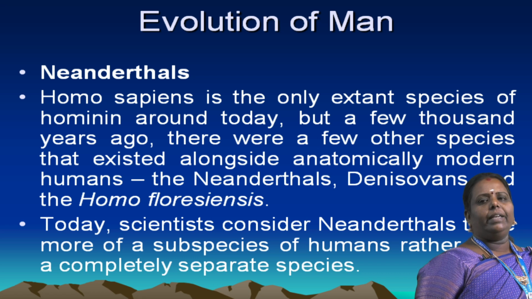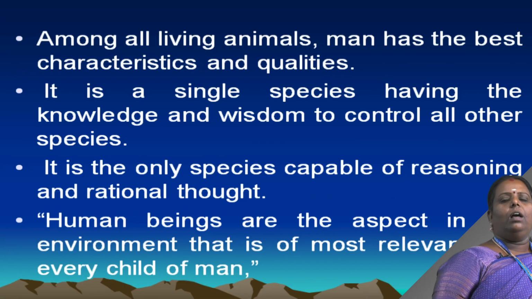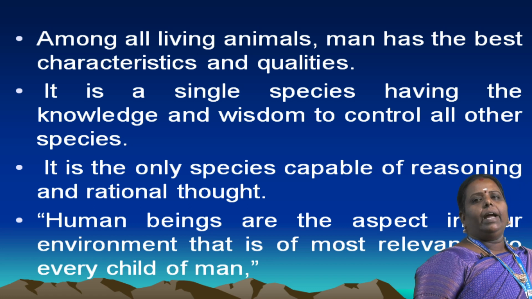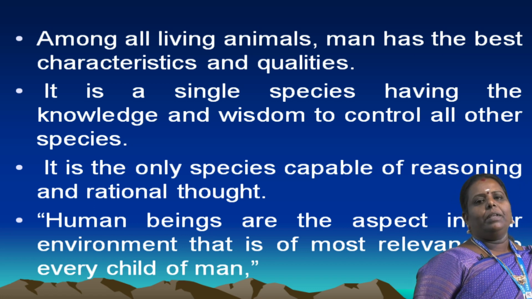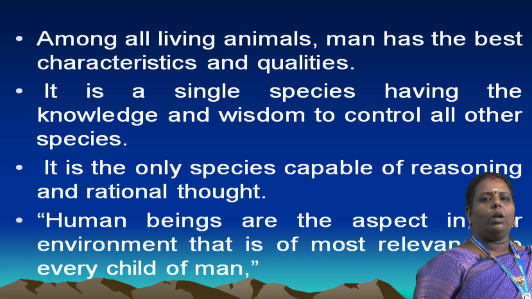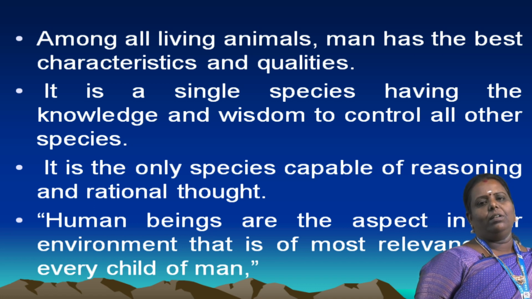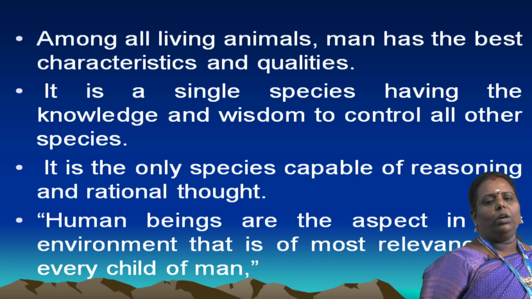Today, scientists consider Neanderthals to be more a subspecies of human than a completely separate species. Among all living animals, man has the best characteristics and qualities. Compared to other animals, it is the single species having the knowledge and wisdom to control all other species. They are capable of reasoning and rational thought also.